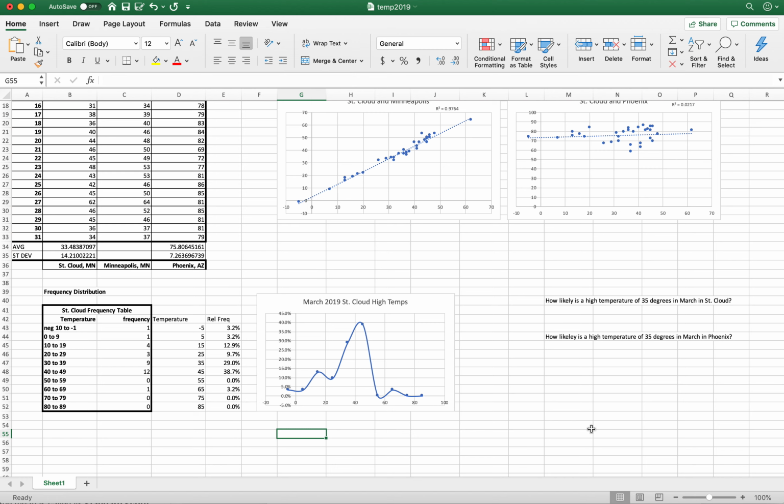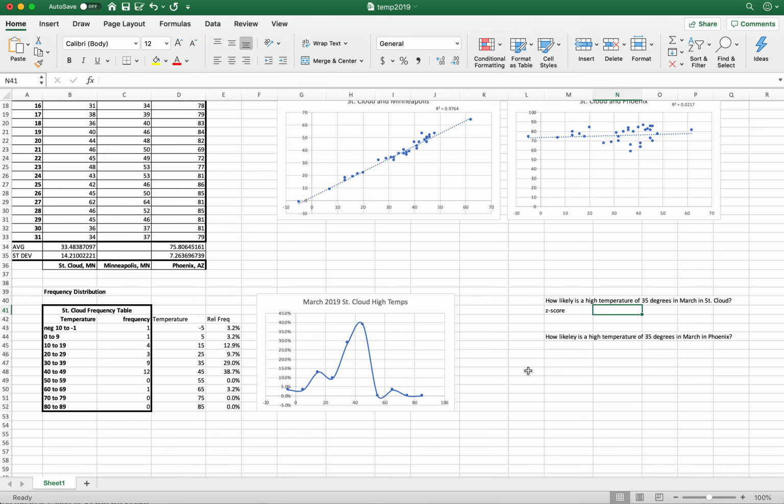All right, so now we can use this chart with our average and standard deviation to answer some questions. So our first question is, how likely is a high temperature of 35 degrees in March in St. Cloud? Well, based off of your chart here, you can say it's pretty likely, but let's use a formula to give us a data point there. So I'm going to use something called a z-score.